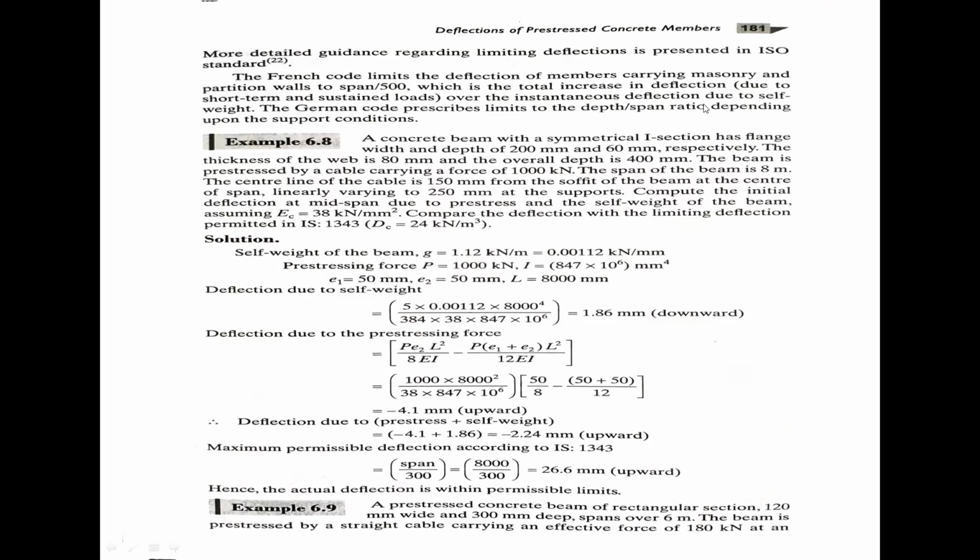More detailed guidance regarding limiting deflections is discussed in the ISO standard. Okay, the French code limits the deflection of members carrying masonry and partition walls to span by 500, which is the total increase in deflection due to short-term and sustained loads over the instantaneous deflection due to self-weight.